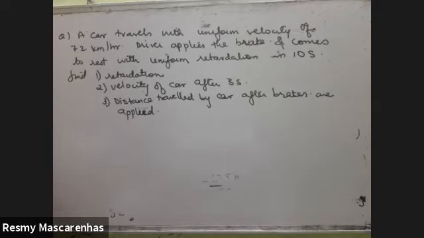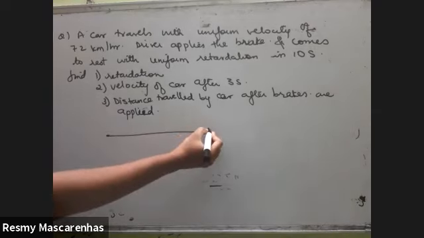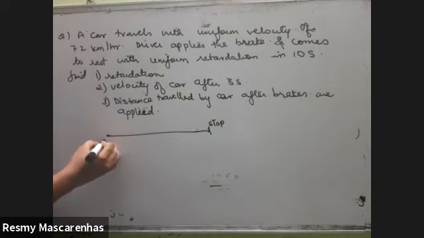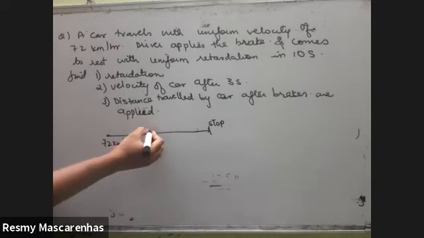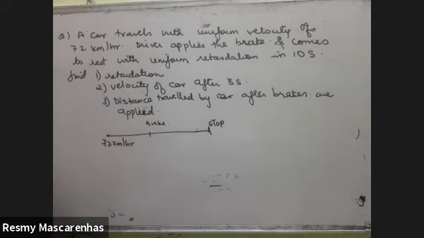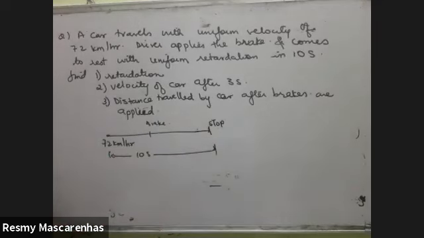So starting with first, it is initial like this, and then at some point it will finally stop. It was at this point 72 kilometers per hour, and then at some point it applies the brake, and this total time is 10 seconds.